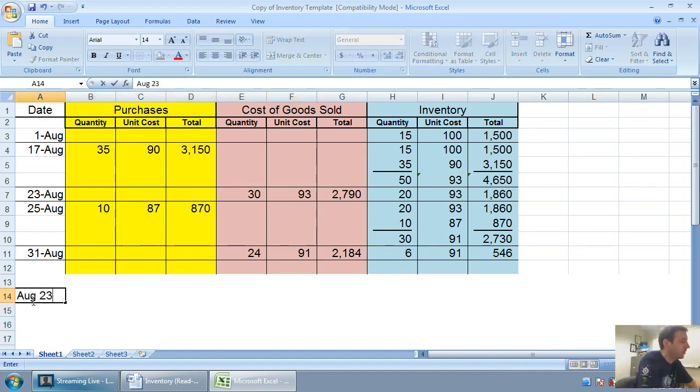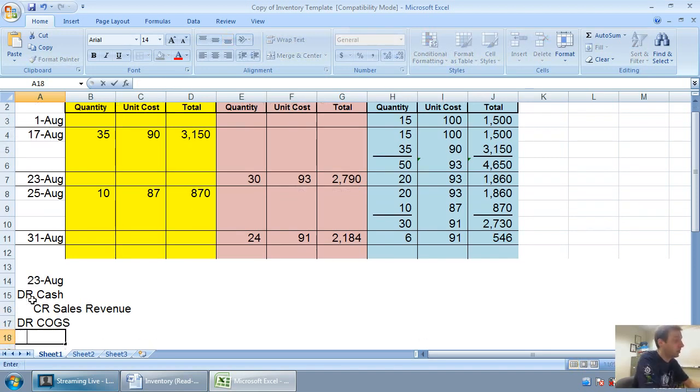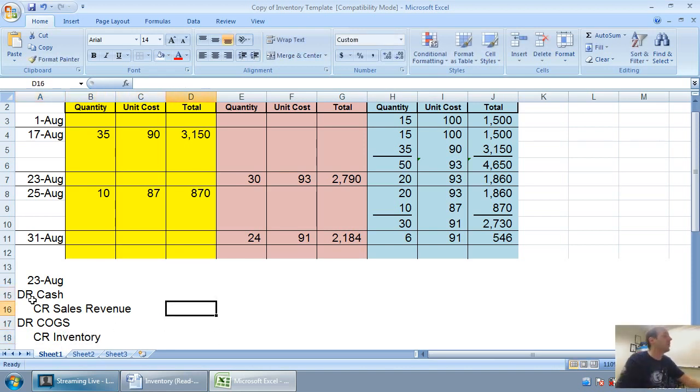So let's do the August 23rd sale. Whenever I make a sale, I'm going to debit cash or accounts receivable, and I'm going to credit sales revenue. I'm going to debit cost of goods sold or COGS, and I'm going to credit inventory for the fact that inventory walked out the door with my customer. So for August 23rd, well, the COGS and inventory is easy. It's right there, $27.90.